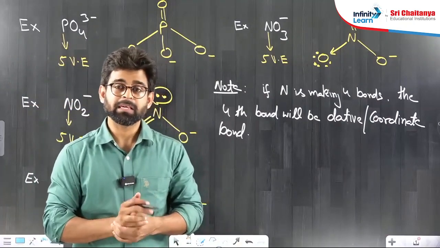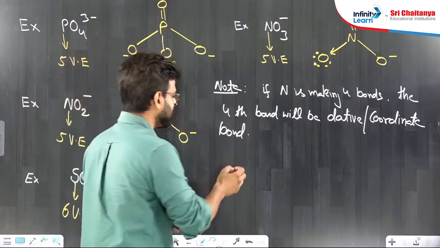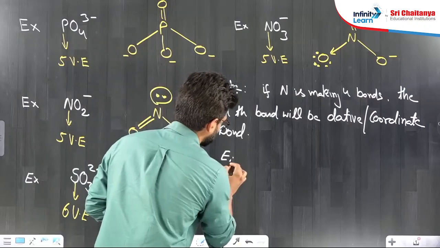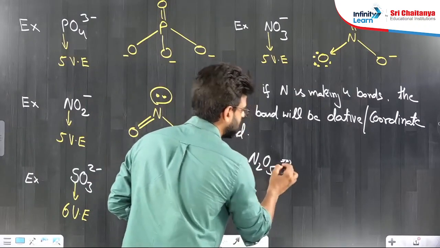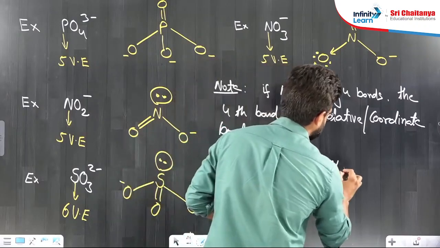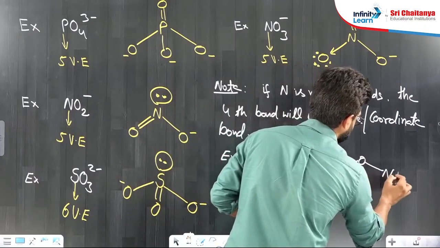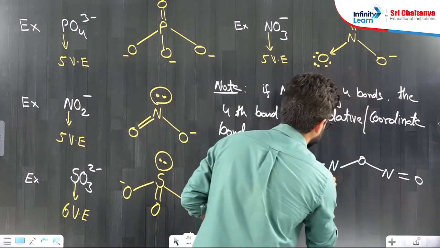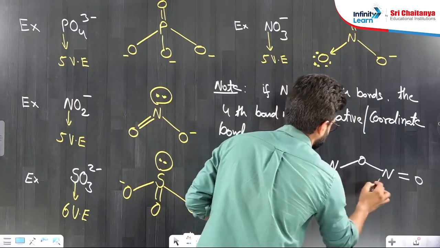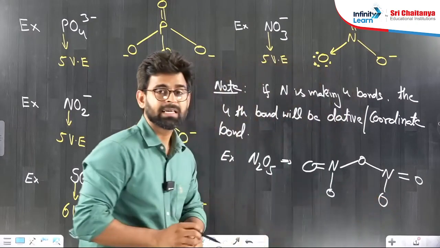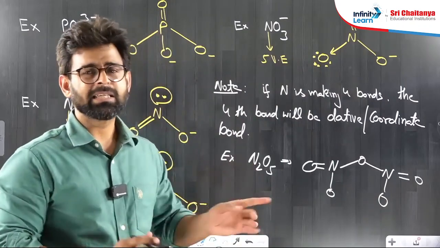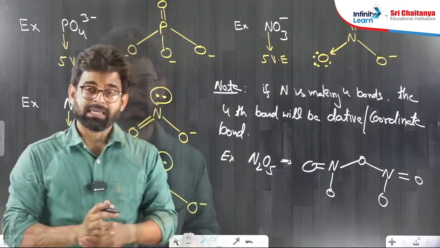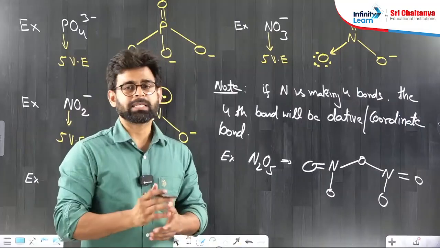Getting my point? If I give you one more example for this, imagine I am having here N2O5. I am giving the structure, don't worry. It's N here, it's O here, it's N here, it's O here, O, it's O. Can you tell me, in this structure, is a coordinate bond present or not?